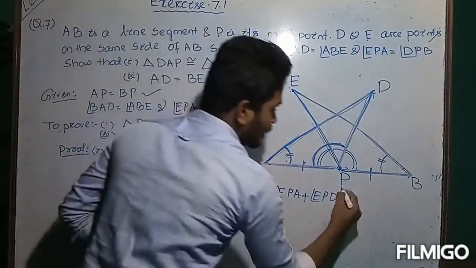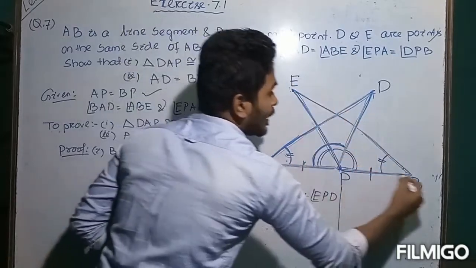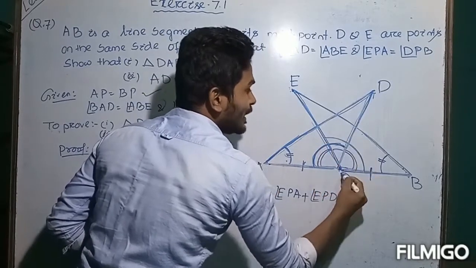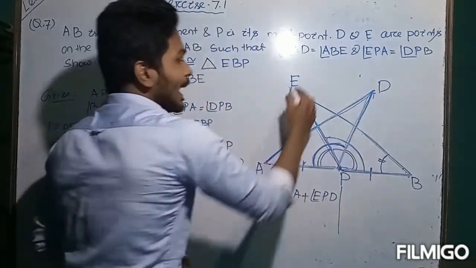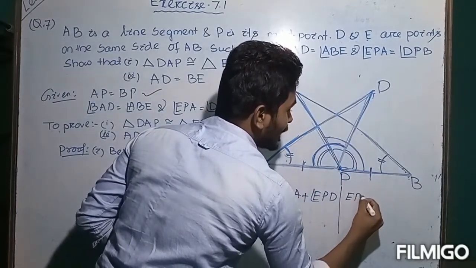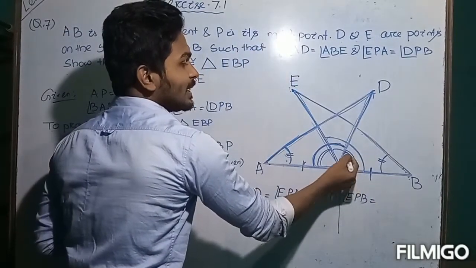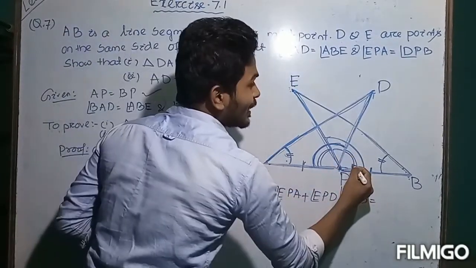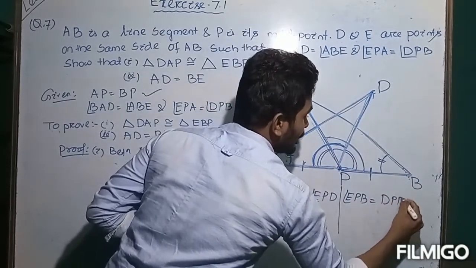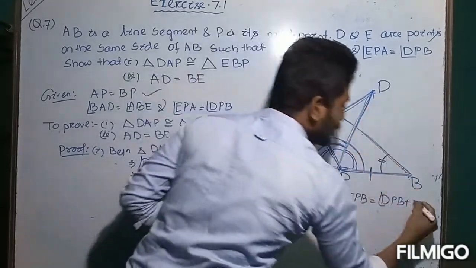And if you consider this triangle, then this is the total angle EPB. So can we write EPB is equal to this angle, which angle? BPD, or you can say DPB, plus this small angle. Yes or no? EPD.